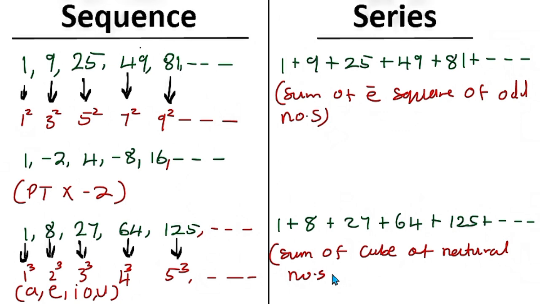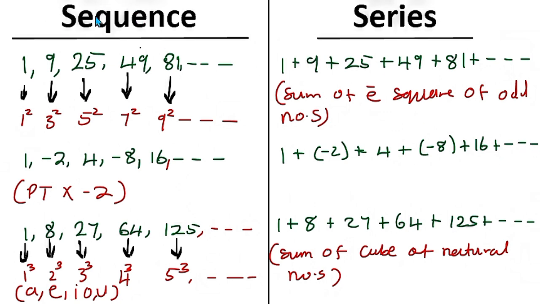Even in this other case, we can sum: this will be 1 plus minus 2 plus 4 plus minus 8 plus 16, and it goes on, right?